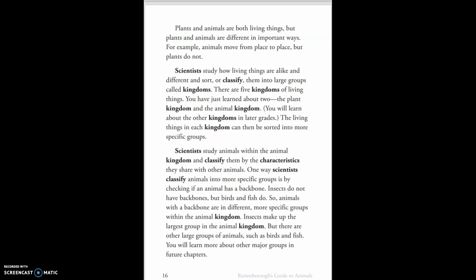Insects do not have backbones, but birds and fish do. So animals with a backbone are in different, more specific groups within the animal kingdom. Insects make up the largest group in the animal kingdom, but there are other large groups of animals, such as birds and fish. You will learn more about other major groups in future chapters.